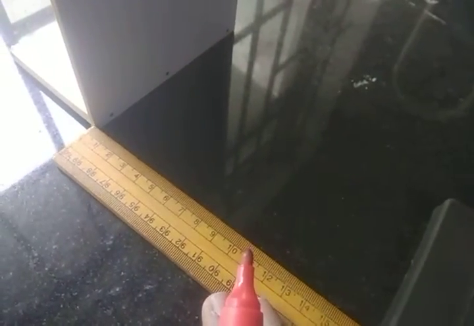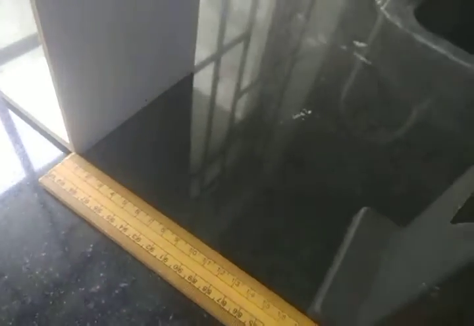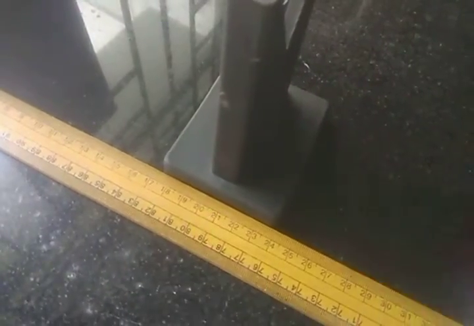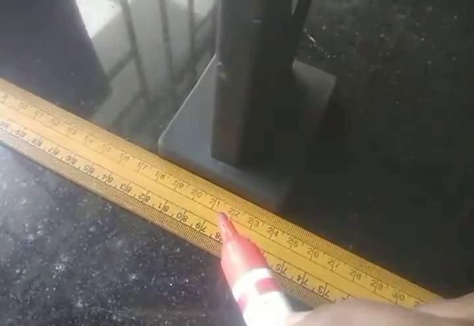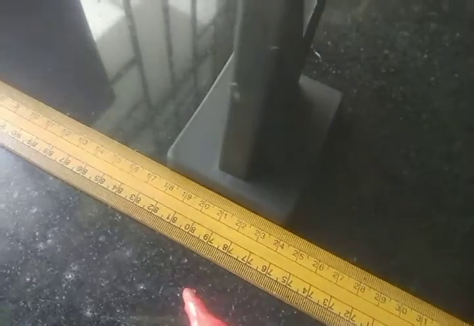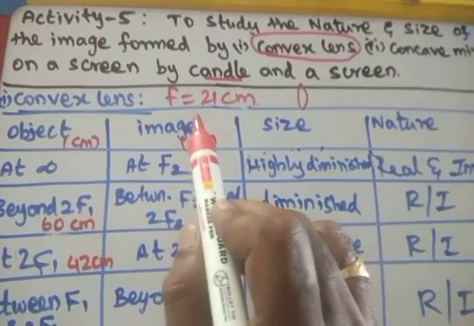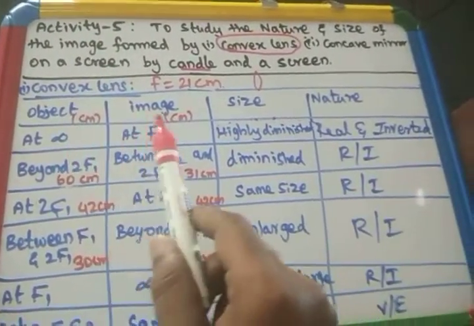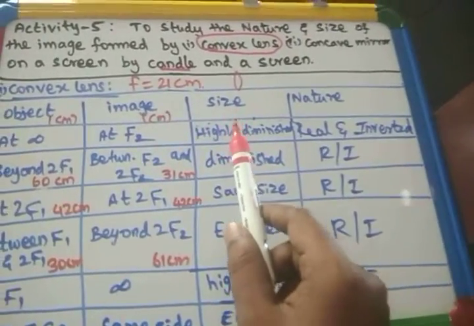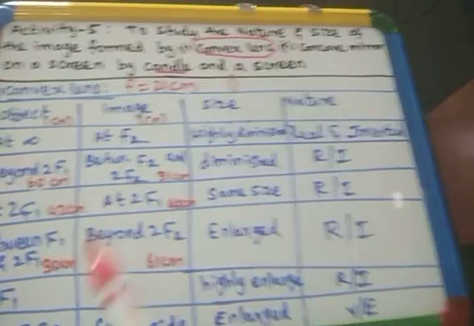So what is the focal length? The distance between the screen and the lens at the clear image position is exactly 21 centimeter. Dear students, after finding the focal length of the convex lens, you are very familiar with this tabulation: the object position, the image position, size of the image and the nature of the image.